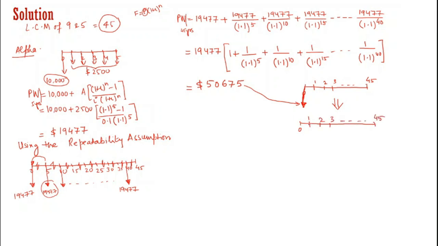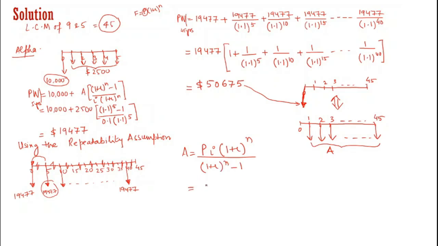So if I draw it on the cash flow, the problem is what will be the value of this A, so that these two cash flows are equivalent. Directly, I can write the relationship A equal to P i (1 plus i)^n over (1 plus i)^n minus 1.